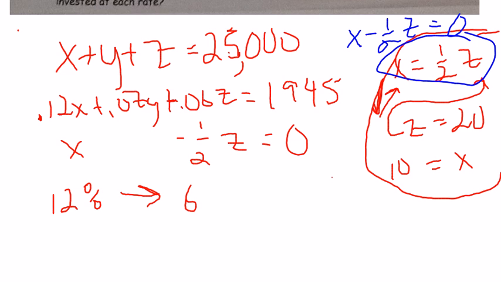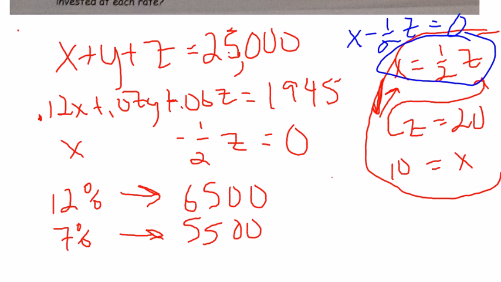The 12% account gets 6,500. The 7% account, this is the Y value, gets 5,500. And the Z, the last one, 6%, gives us 13,000.